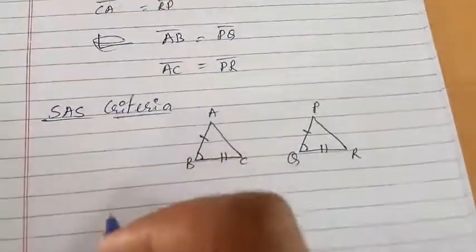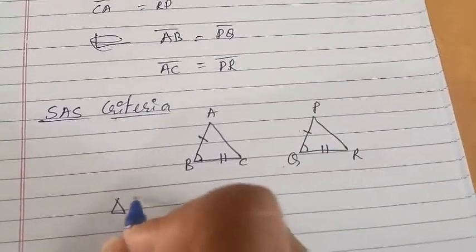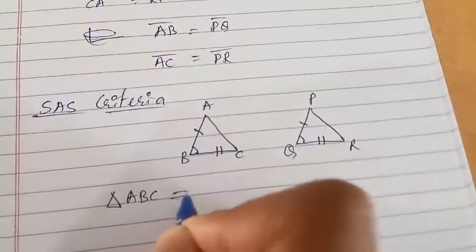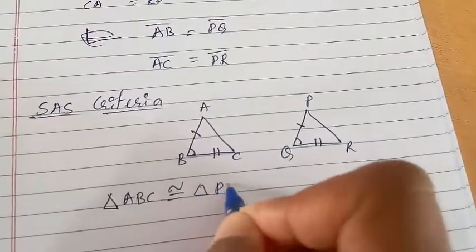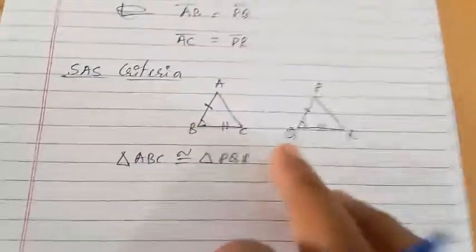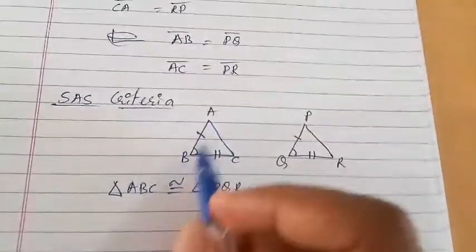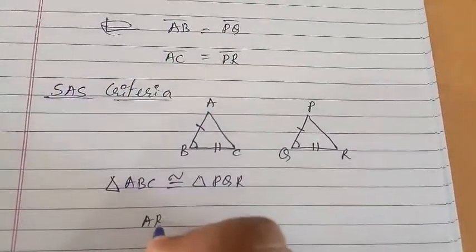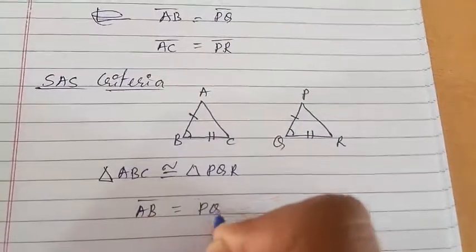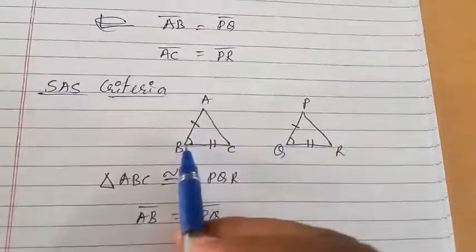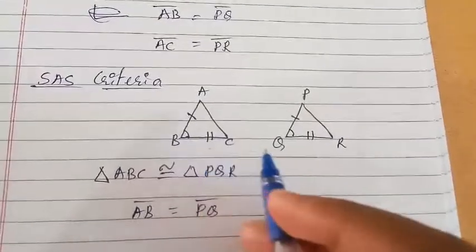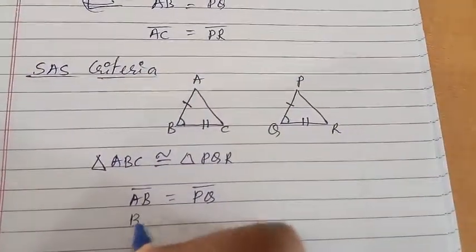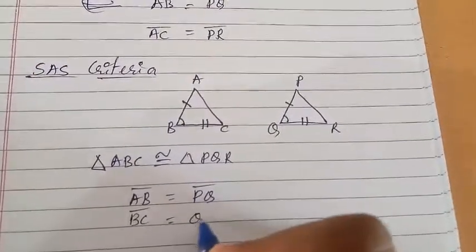So here how can you write this? Triangle ABC is congruent to triangle PQR. So how to show this? What are equal here? AB is equal to the corresponding PQ. Next BC, already given, BC equals QR.